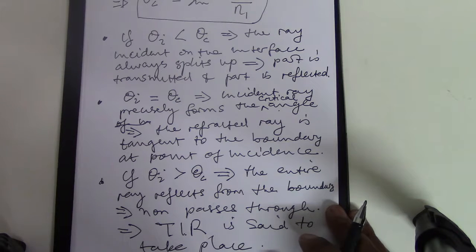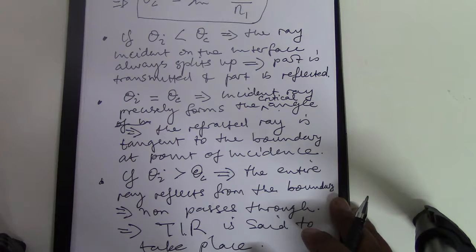The refracted energy decreases, and more of this energy becomes part of the reflected ray. So as you keep on increasing, eventually when the angle of incidence becomes greater than the critical angle, all the energy is no longer transmitted, but is now completely reflected.